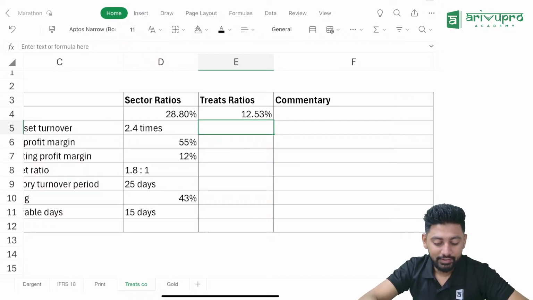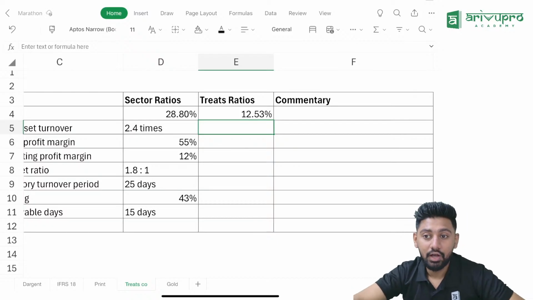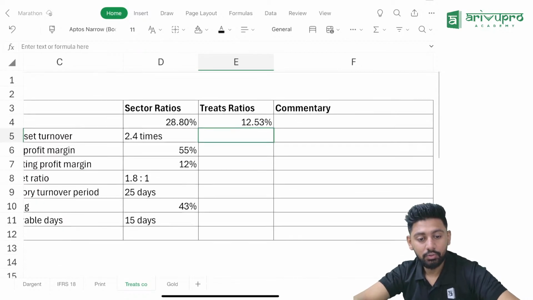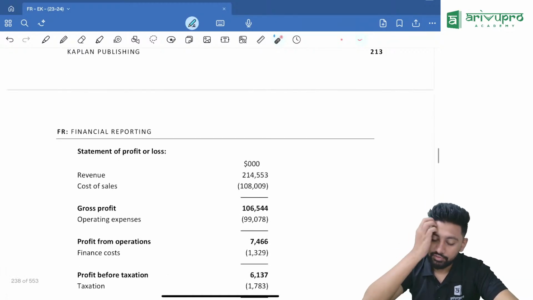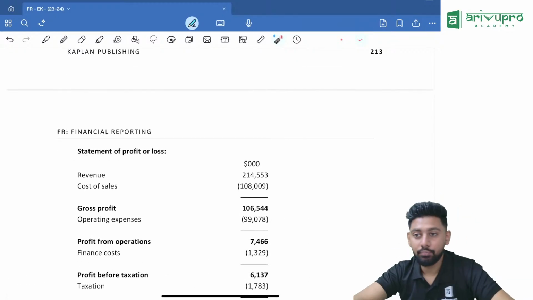Next, we're going to look at net asset turnover. Once again, how do we calculate it? We'll take our revenue over our capital employed.